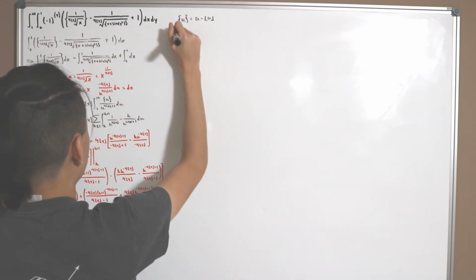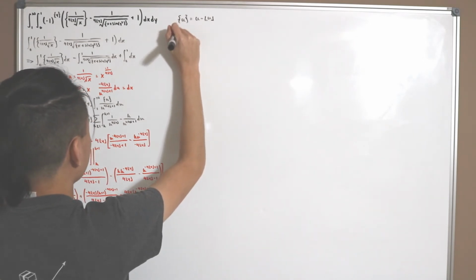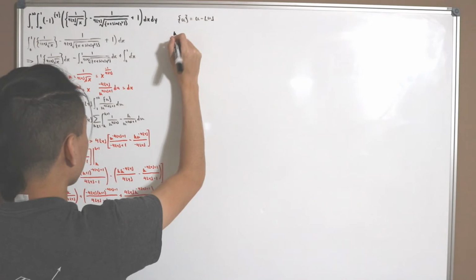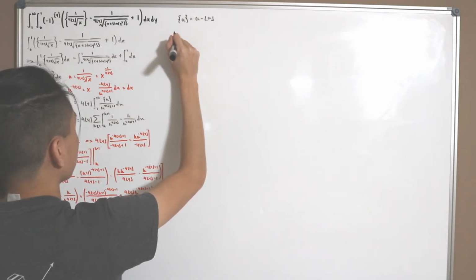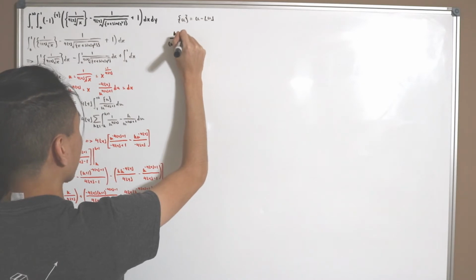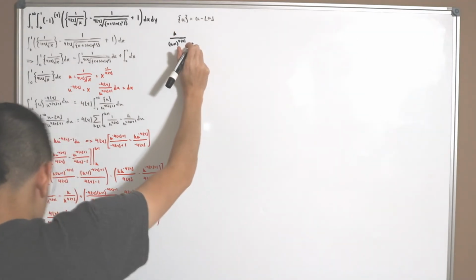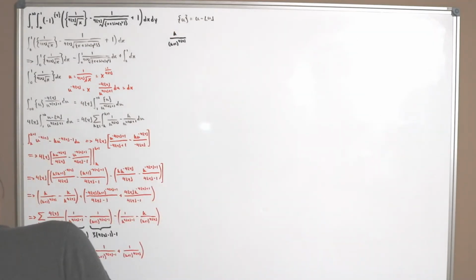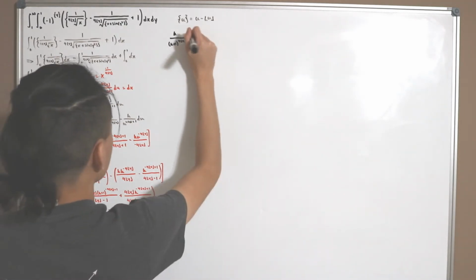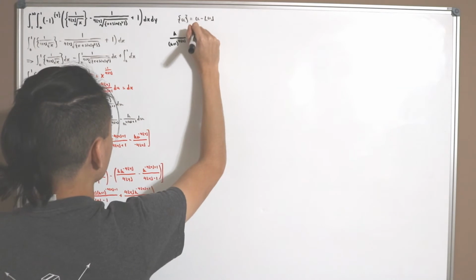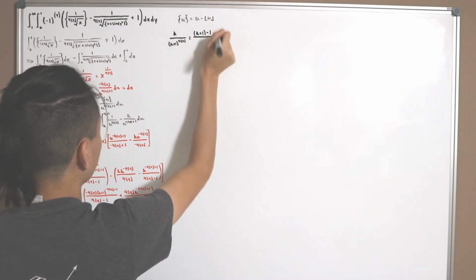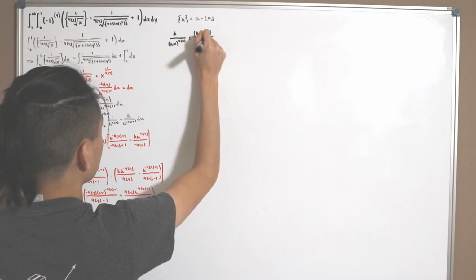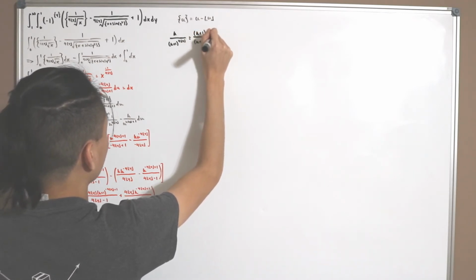What I can do is add and subtract 1 in the numerator of k plus 1 to the 4 floor y. So this is k plus 1 minus 1, and then divided by k plus 1 to the power 4 floor y.